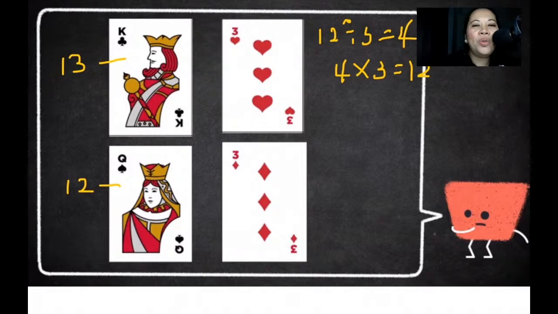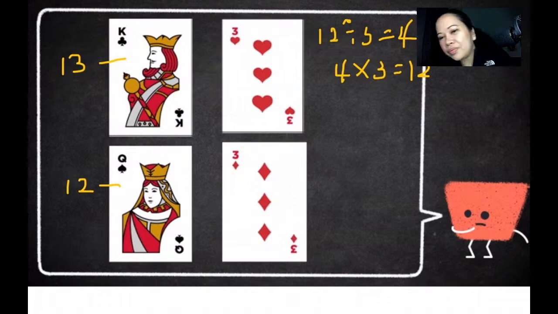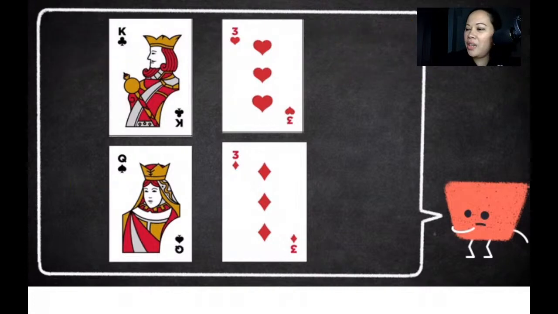You are using 12 twice. Can you do it again? Are the numbers that really hard?